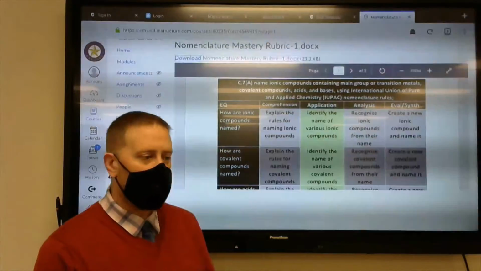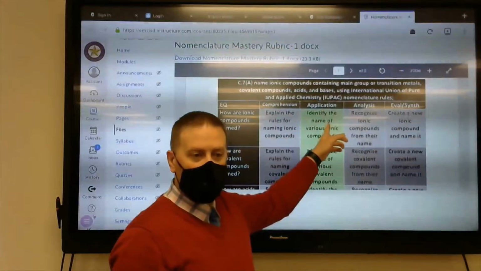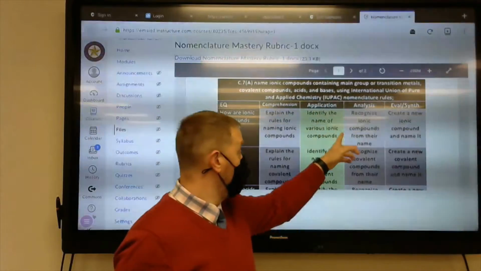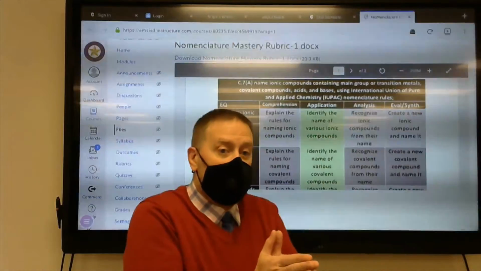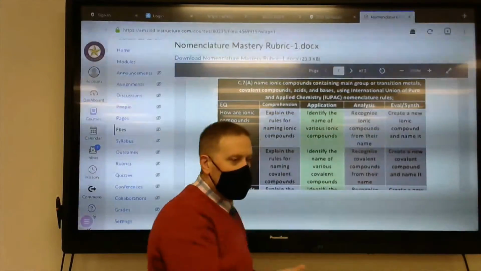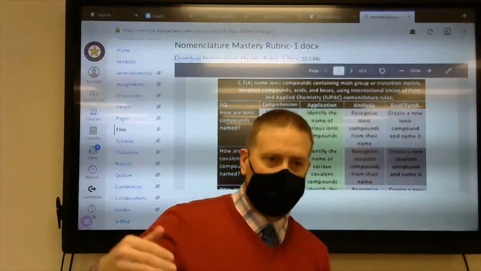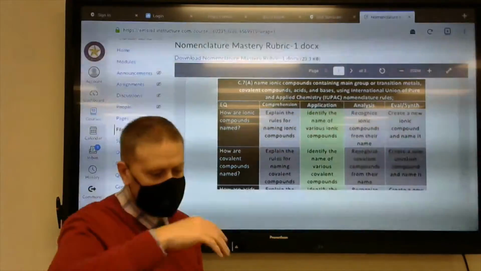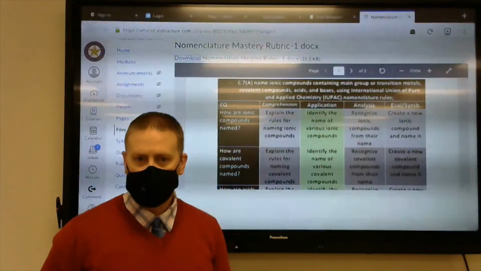Now, I've color-coded the level that you are aiming for. It will be green. So if you are able to do this activity, then you have mastered at the correct level that the state says that's where you should be at the end of the unit.